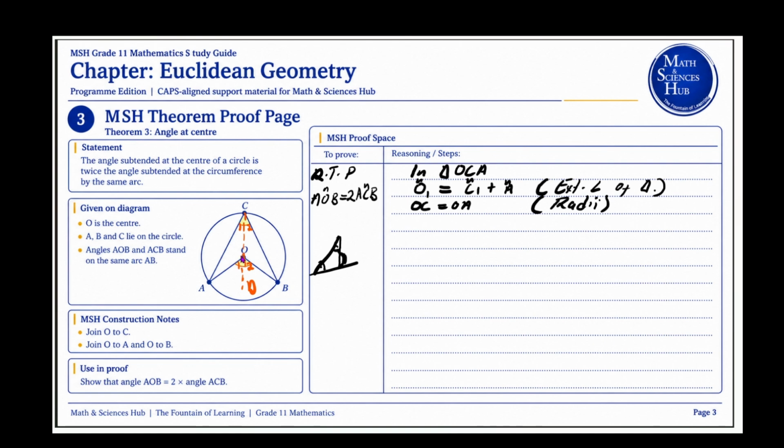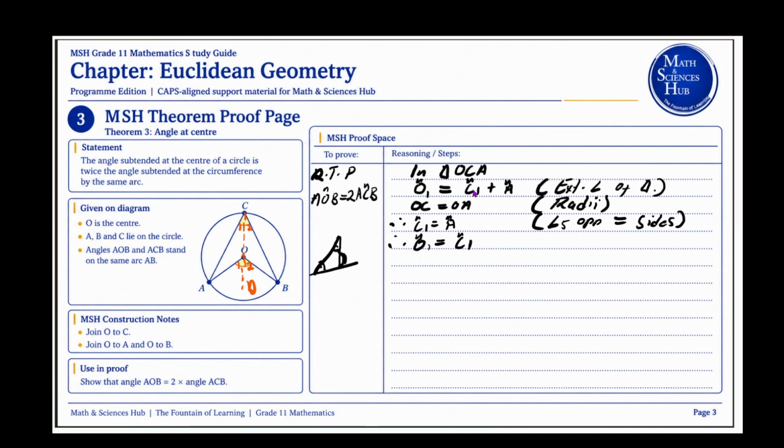Since OC equals OA, OCA is an isosceles triangle, and the base angles are equal. Therefore angle C1 equals angle A. The reason is angles opposite equal sides. You know that from grade 9 and 10. Therefore angle O1 equals angle C1 plus angle C1.